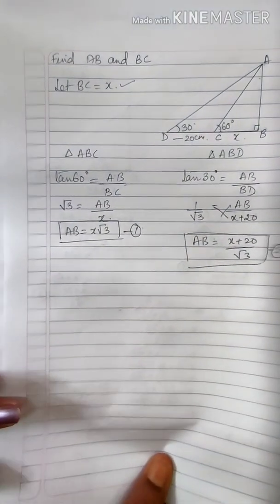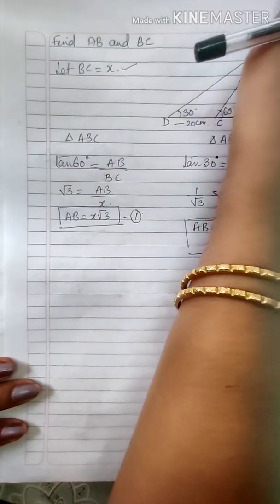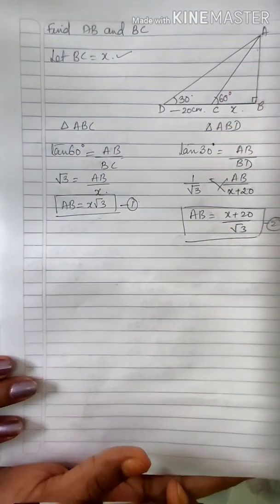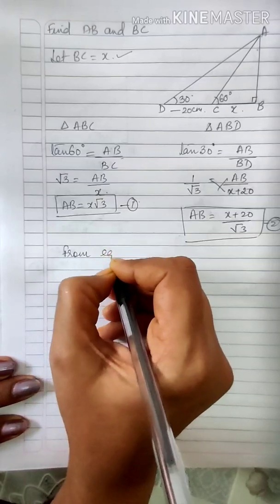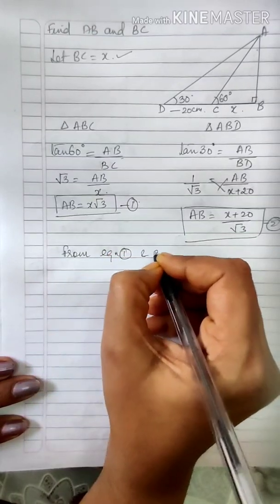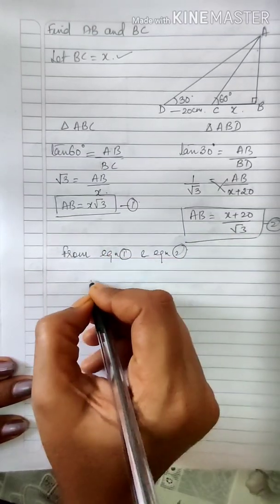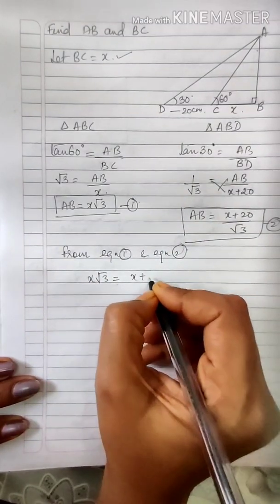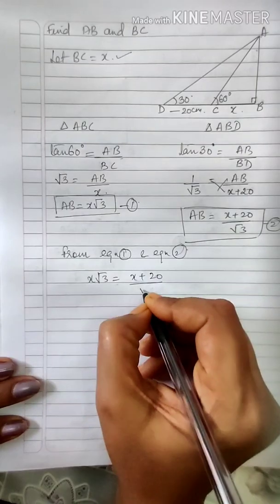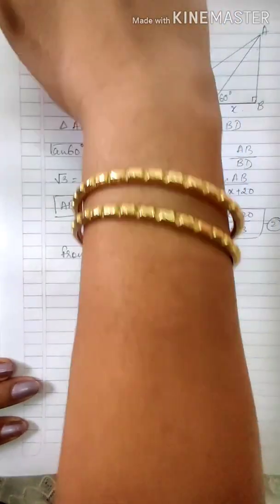Now from equation 1 and equation 2, if you observe, both are equal to AB. So from equation 1 and equation 2, you get x root 3 is equal to (x plus 20) upon root 3. Both the equations are equal to AB.